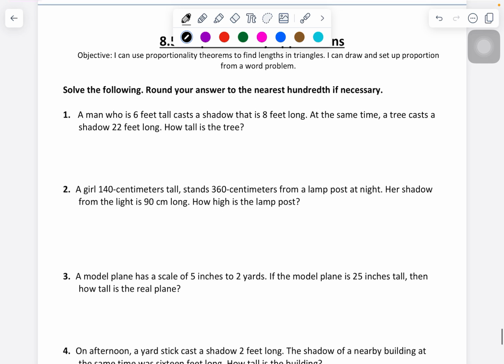So in section 8.5, we are talking about applications of proportions, because proportions get used in a number of different places in the real world if you let them. We're going to see two different types of problems.